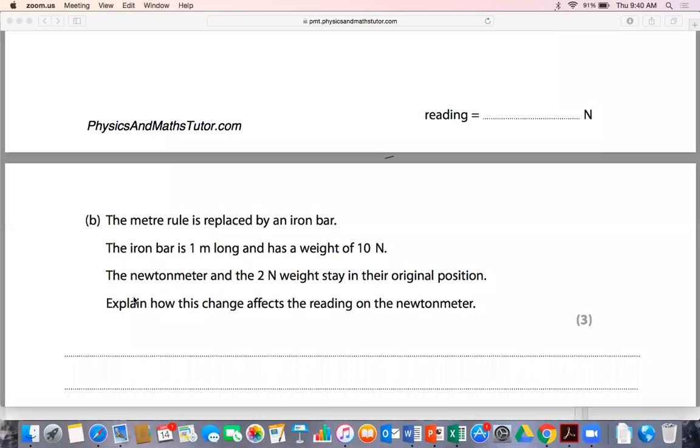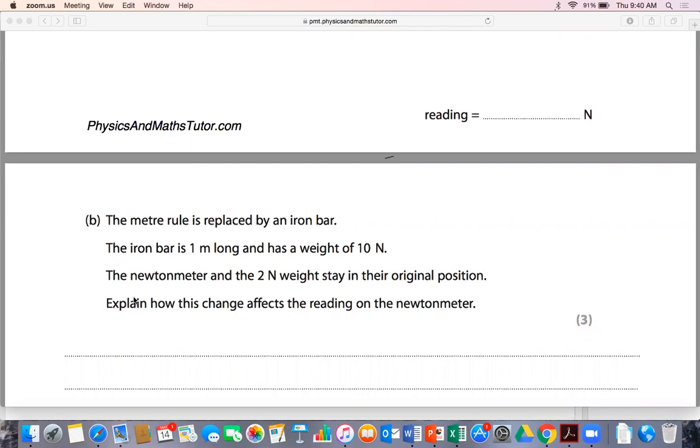Bigger, because higher mass. So this will cause the moment to be higher. So you talk about the Newton meter reading increasing. Why? Because the weight of the bar is bigger now, it is more, because it's made of iron, and it has a larger moment.